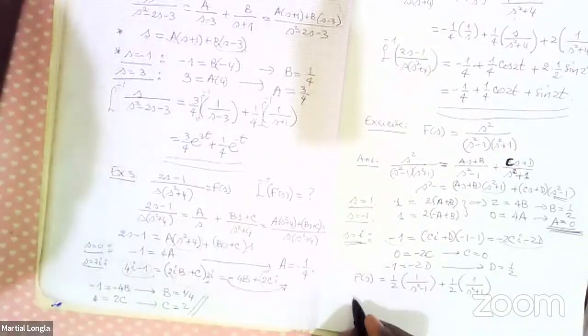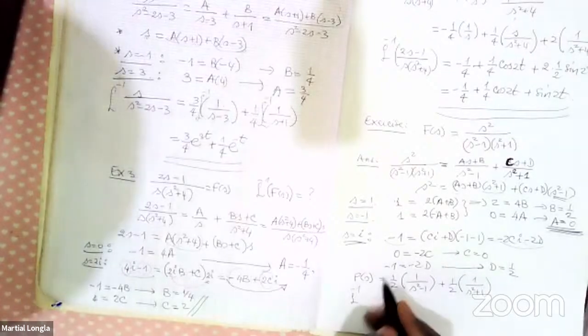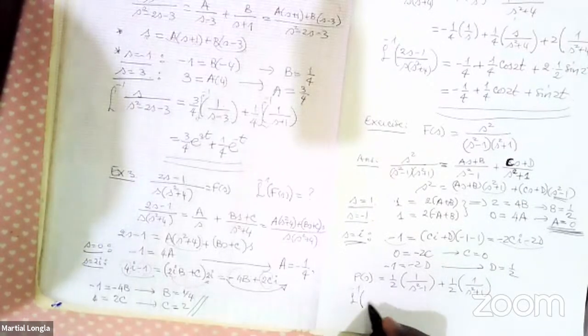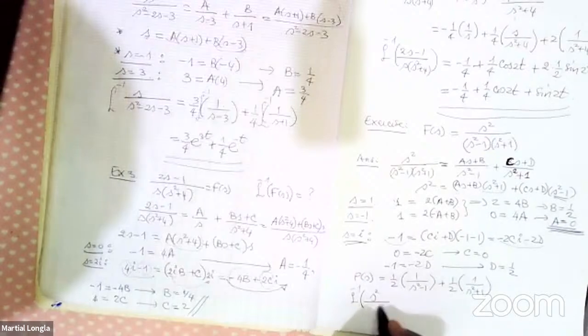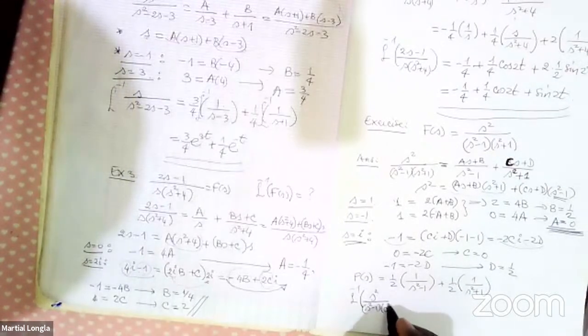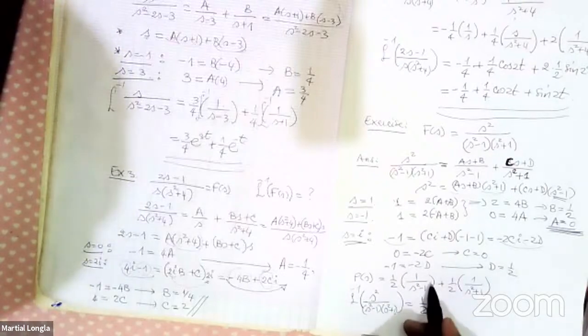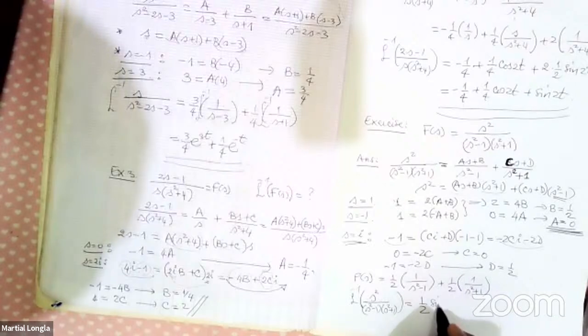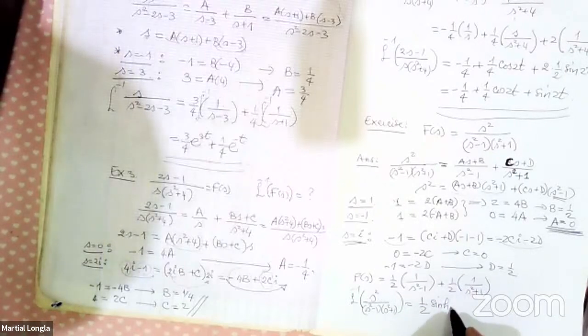And now you get that the inverse Laplace transform of s squared over s squared minus 1, s squared plus 1 equals, this is 1/2 sine hyperbolic of t plus 1/2, and this is sine of t.